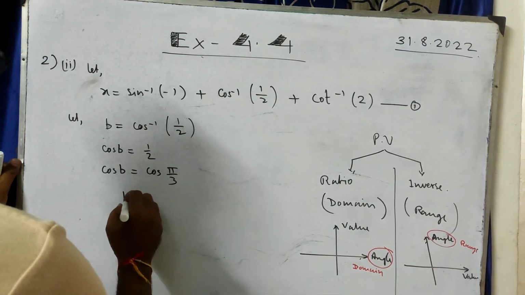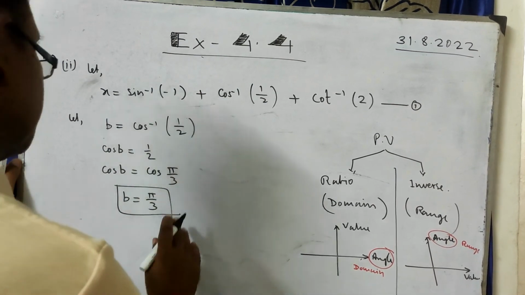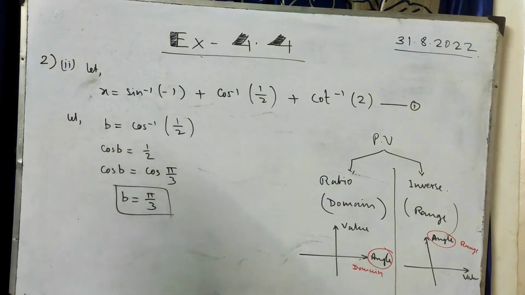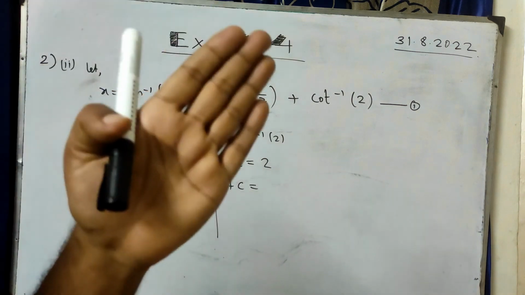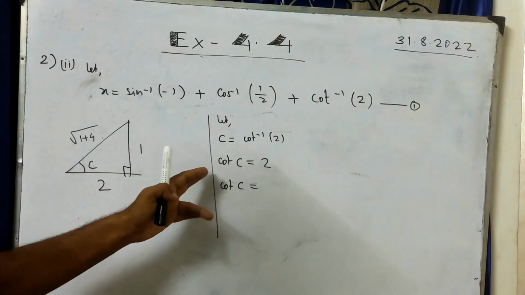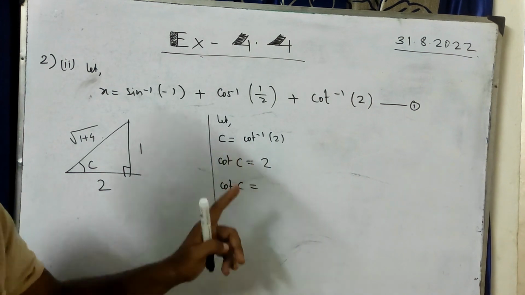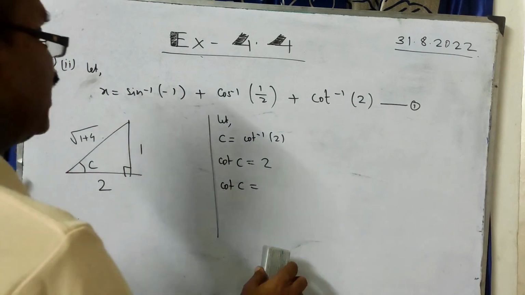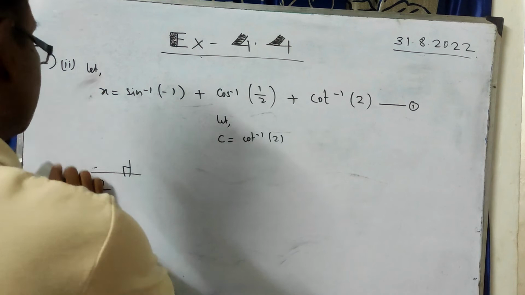So b is equal to pi by 3. Here we don't need to bother much because it is positive. If it is negative, then you should think about which quadrant it will come in. Positive means directly you can do it. As far as c is concerned, we know only 0, 30, 45, 60 and 90, and cot inverse 2 is not coming for any of the standard angles, so I'll keep it as it is.